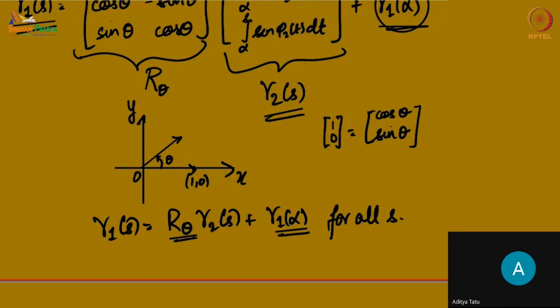Which means that I can rotate gamma 2 and then shift the entire curve, and I'll get the curve gamma 1. Right? So if my gamma 2 is something like this, my gamma 1 could be something like this.